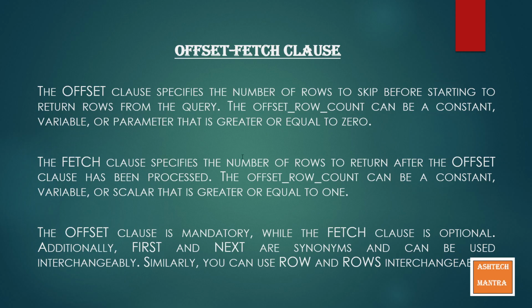So you can see the total number of rows it is returning is 30, but the starting value is 21 and the end value is 50. So you can see that this is the usage of the OFFSET and FETCH clause.